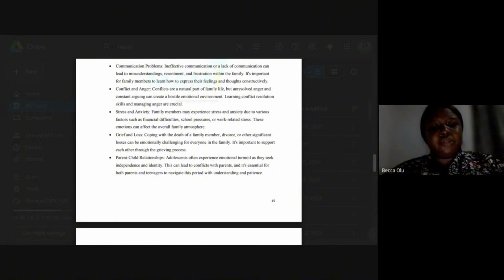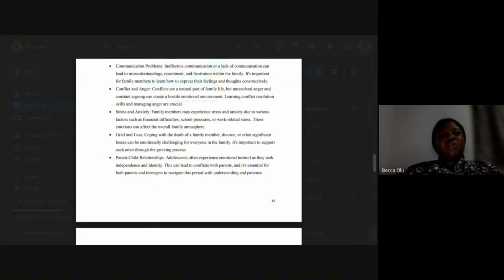Okay, so another issue that happens in family is grief and loss. Coping with the death of a family member, divorce, or other significant losses can be emotionally challenging for everyone in the family. It's important to support each other through the grieving process. If you've ever experienced loss, or if your parents are separated or divorced, your parents don't live together, you probably understand this. It can take a toll on you.